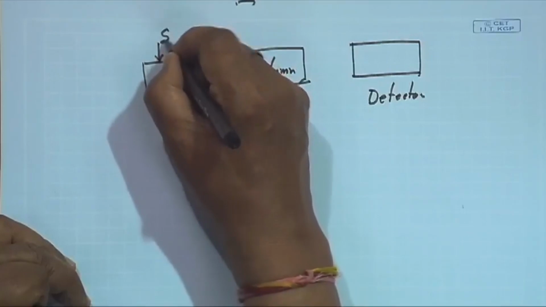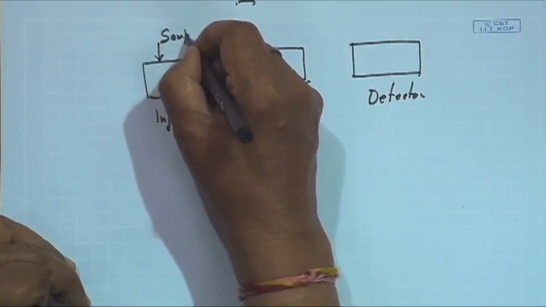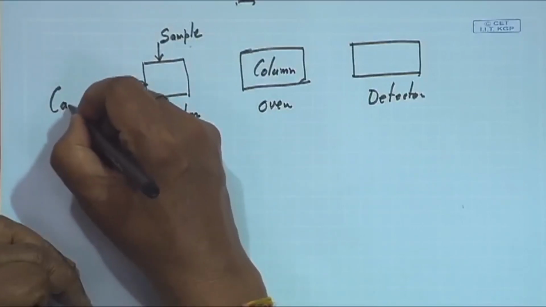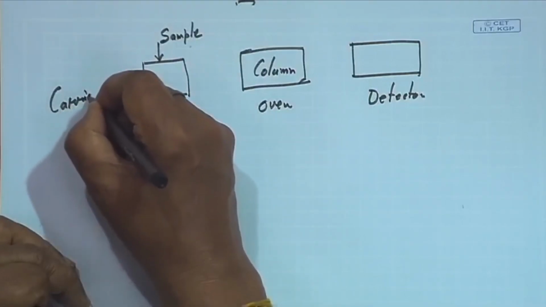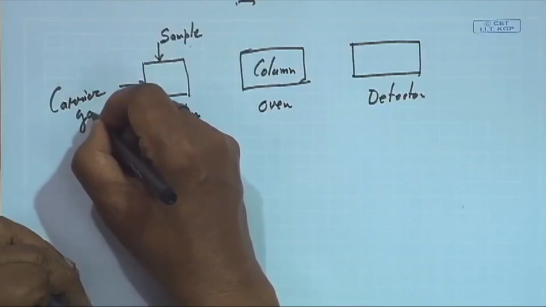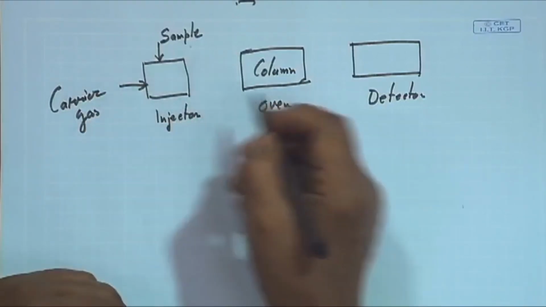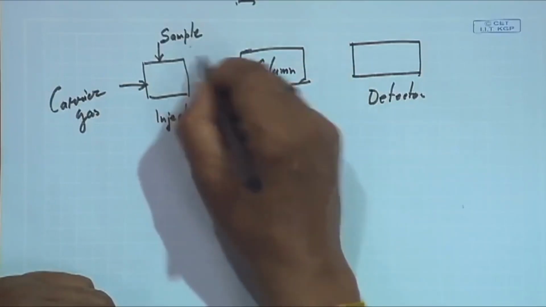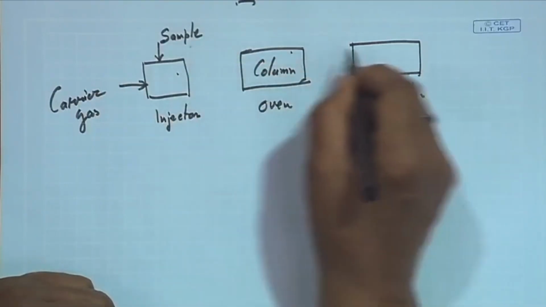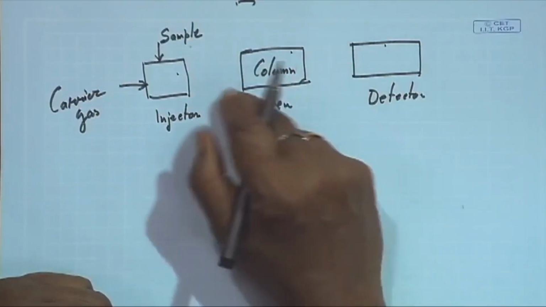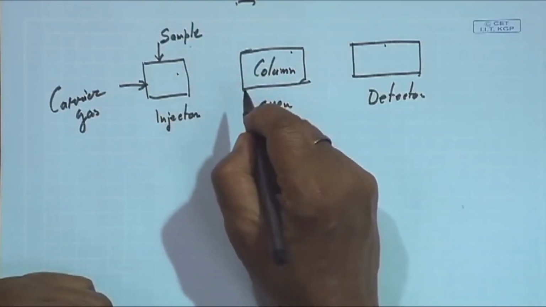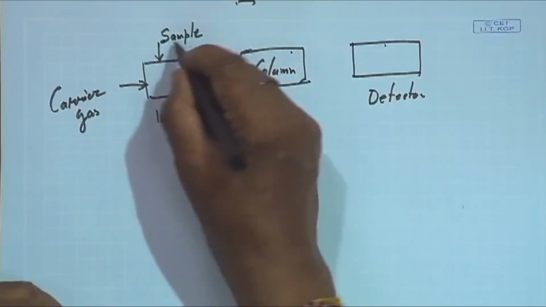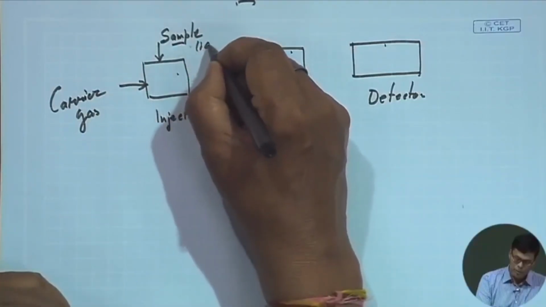We put the sample, measuring the amount of sample with the help of a syringe, then here we put the carrier gas. Now, everywhere we can maintain the temperature, we have different temperature controls. Here we maintain the temperature, everywhere you have a heater, so you can maintain the temperature. Suppose the sample is liquid, as for example.